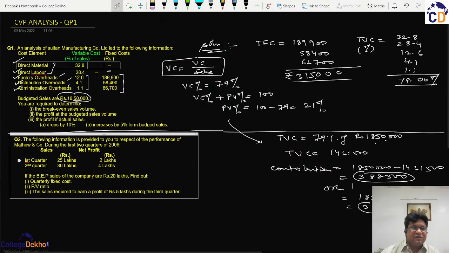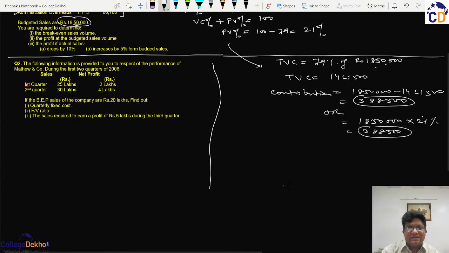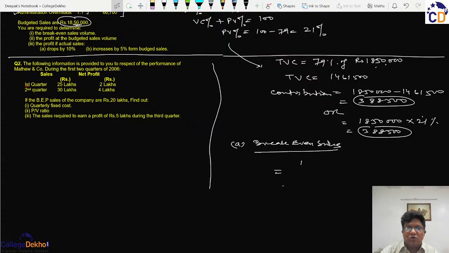In this case, if I carry forward in the same format, the first thing required is the break-even sales. The break-even sales is equal to the total fixed cost divided by the profit volume ratio.